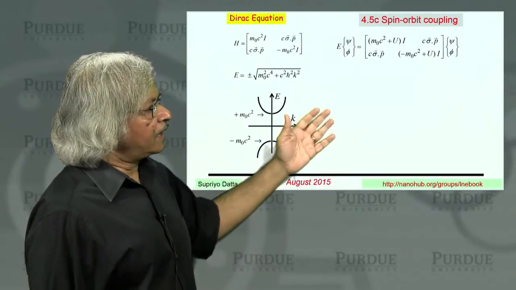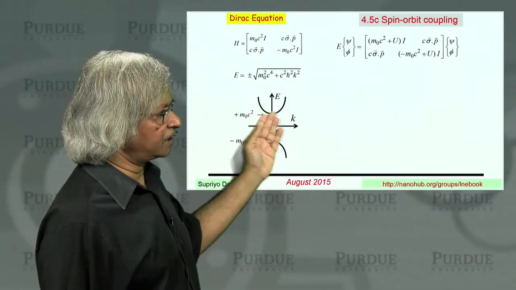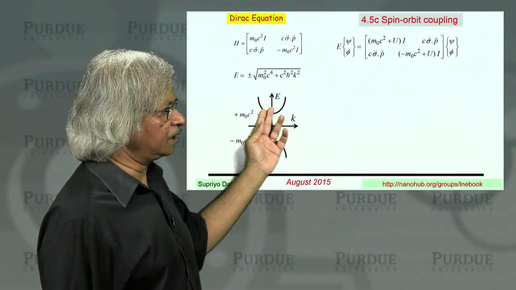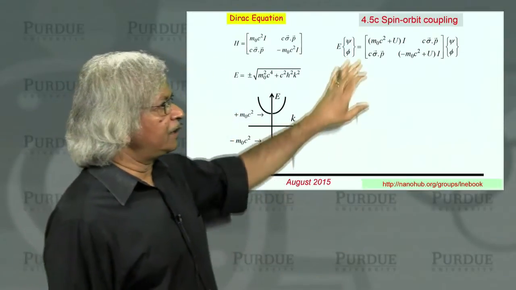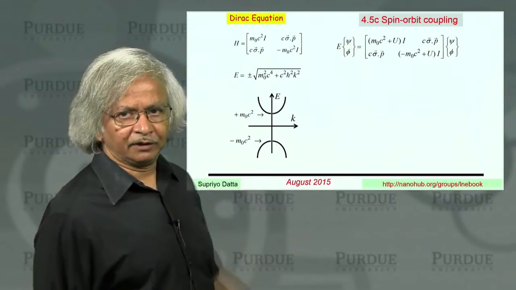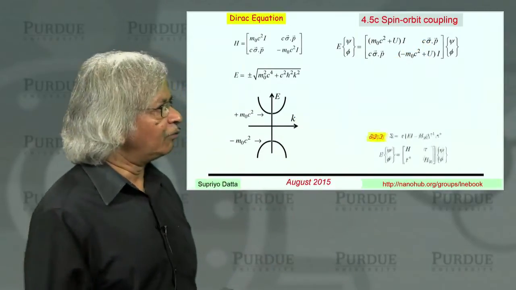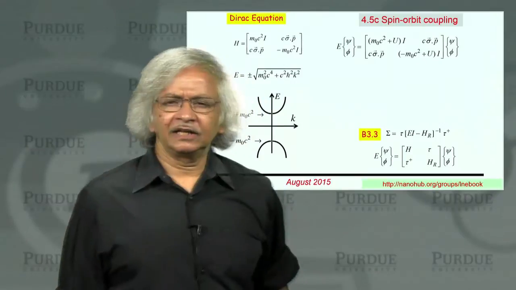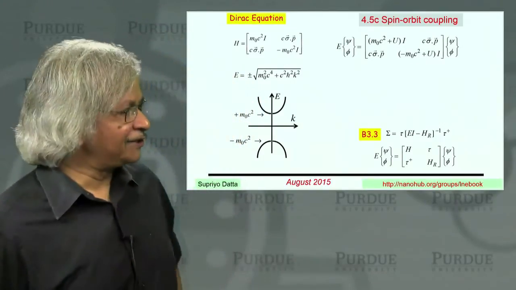So as long as we are talking of relatively low energy electrons out here, you can use this simplified description where you keep only the one component. Of course, you cannot just drop the other, because that wouldn't be right. What you could do is this idea that we had used in Unit 3 for calculating self-energies.